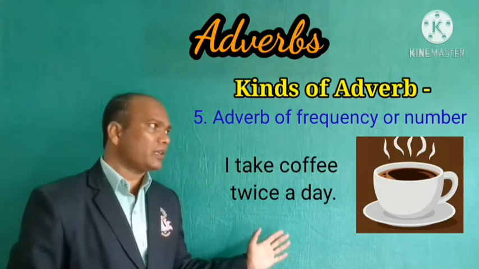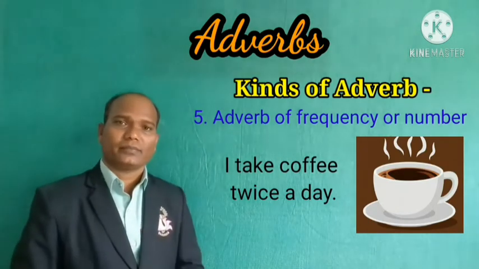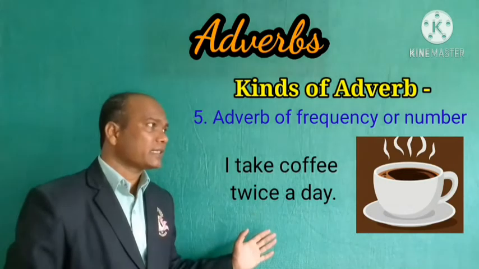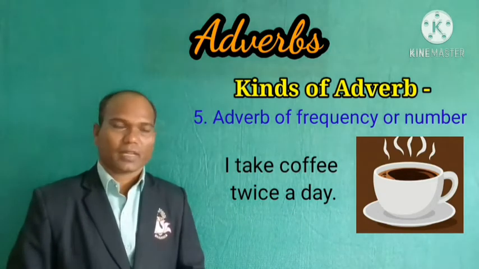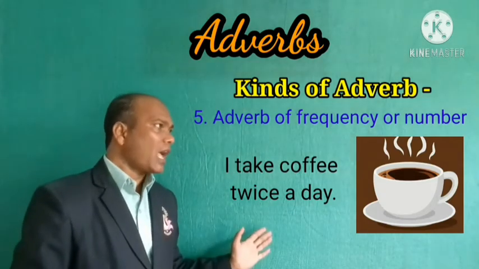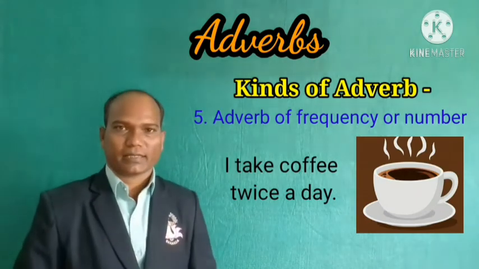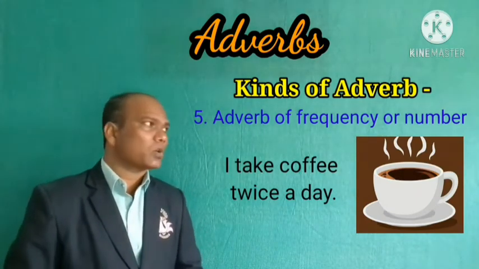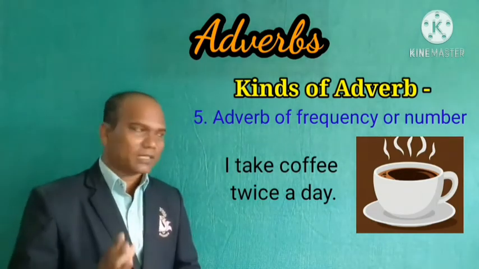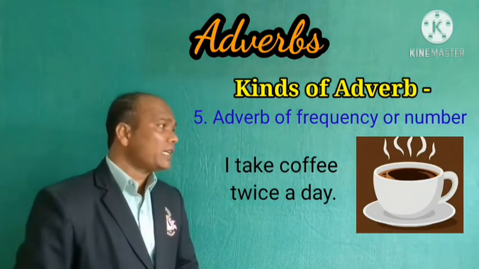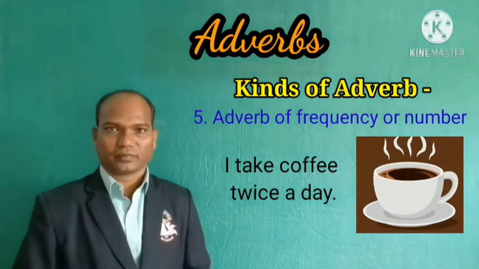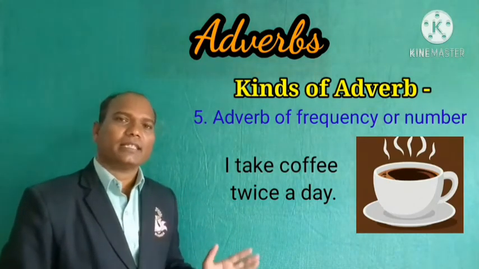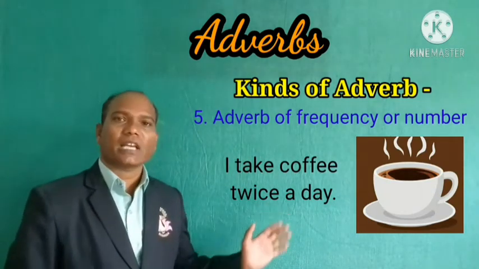Here the word twice is an adverb of frequency or number because it shows how many times an action takes place. For example, how many times do I take coffee a day? The answer is twice. That's why twice is an adverb of frequency or number.